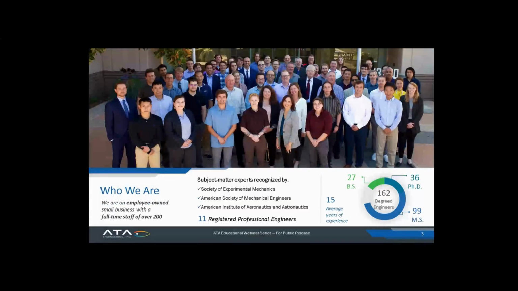So who are we? Well, we are a highly skilled employee-owned company with a full-time staff of around 220 people, most of them having an advanced engineering degree, as you can see on the plot in the lower right of the slide. We have 9 national offices across the US, and as I mentioned before, we have years of experience focusing on design, analysis, and test, where we provide high-value engineering services.